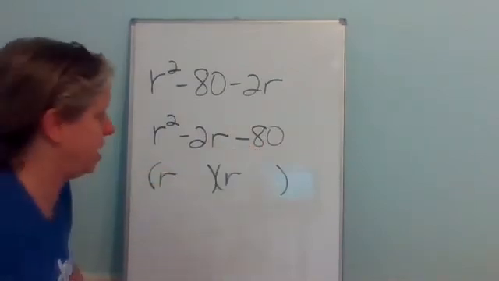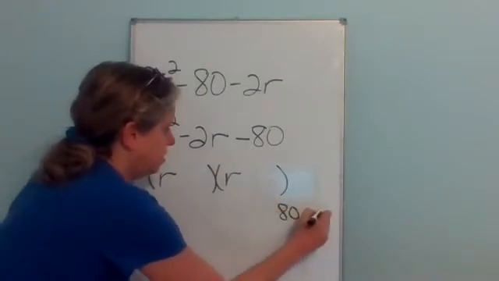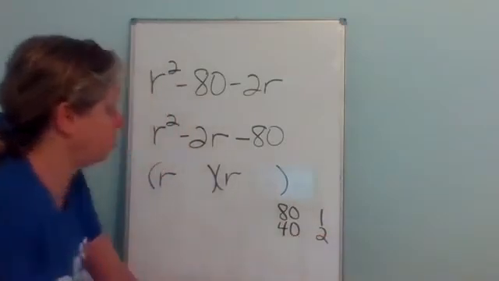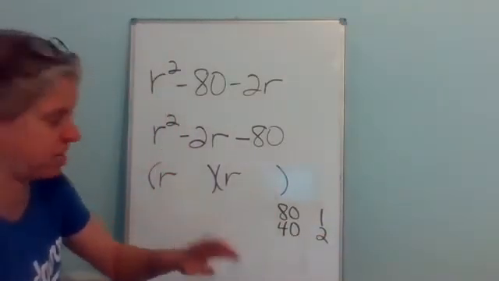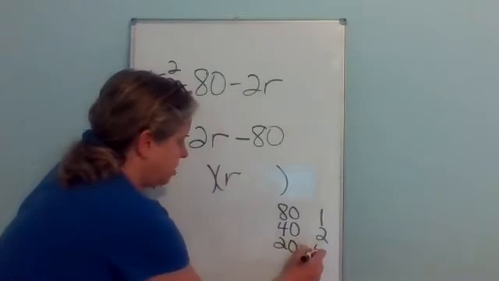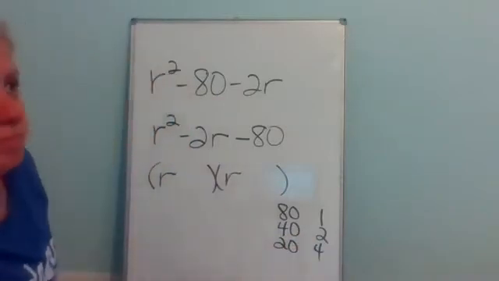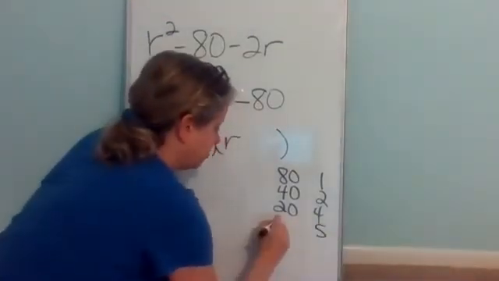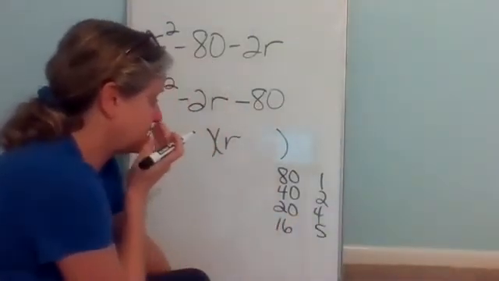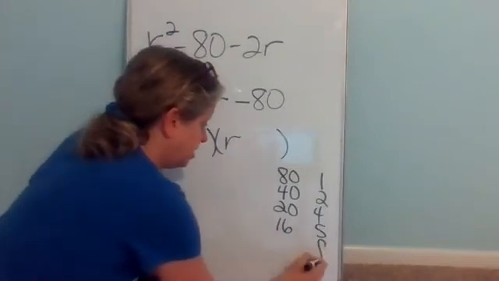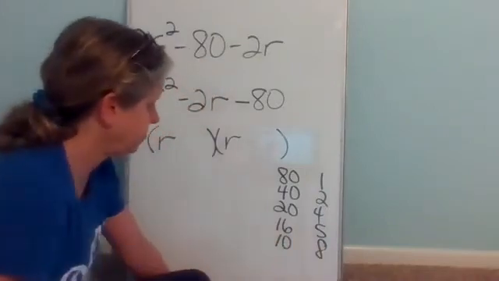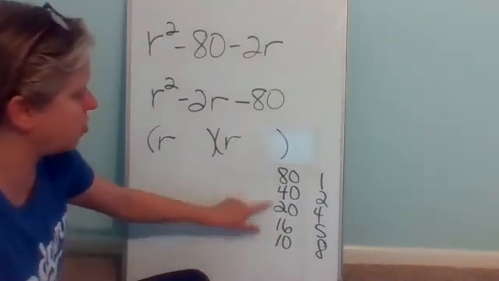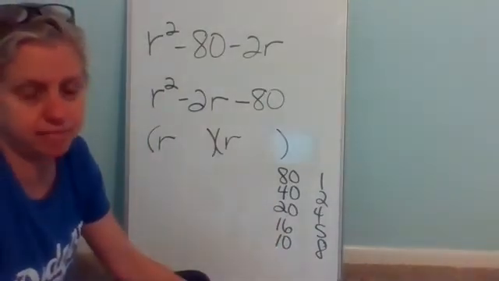Unfortunately, there's several, right? 80 times 1, 40 times 2, 3 doesn't go into it, but 4 does. 20 times 4, 5 also does. 5 times 16, 6 doesn't, 7 doesn't, 8 does. 9, 10. So 10's already there. So here's all the ways to multiply to get 80.